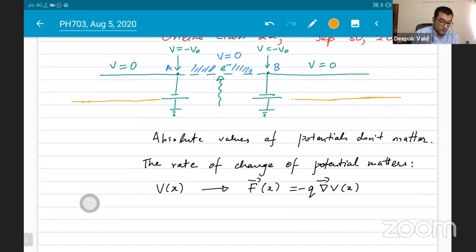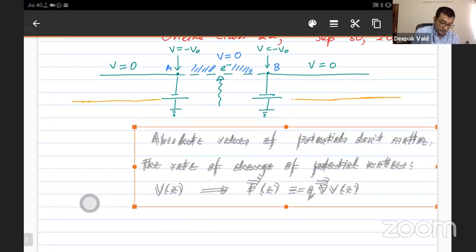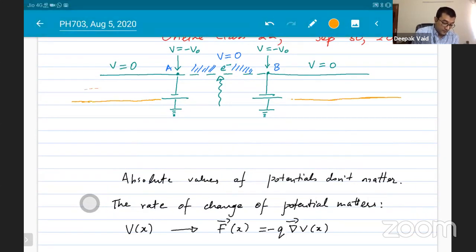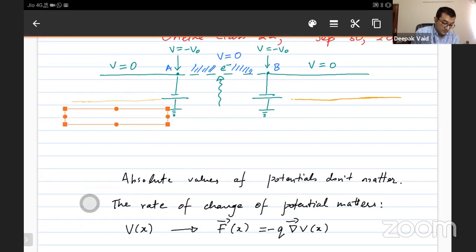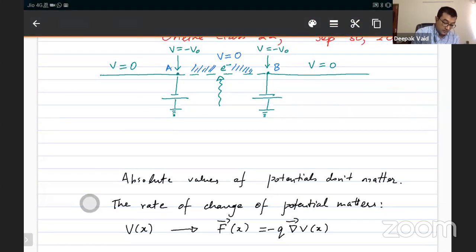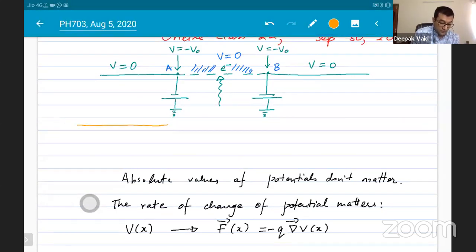Now, as you come close to these terminals, what happens? So this is the potential outside this region.